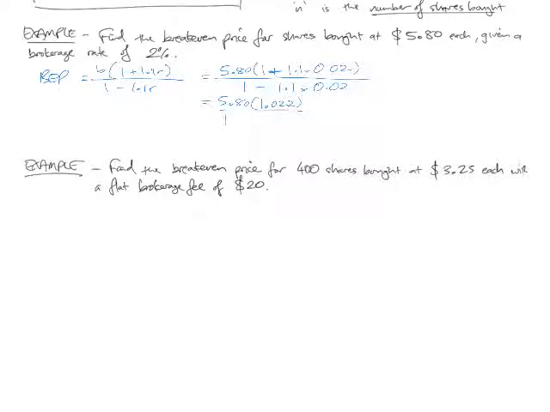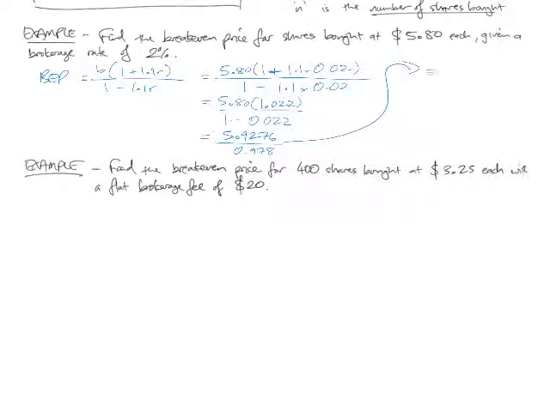So that comes to 5.8 times 1.022, which is 5.9276, over 1 - 0.022, which is 0.978.